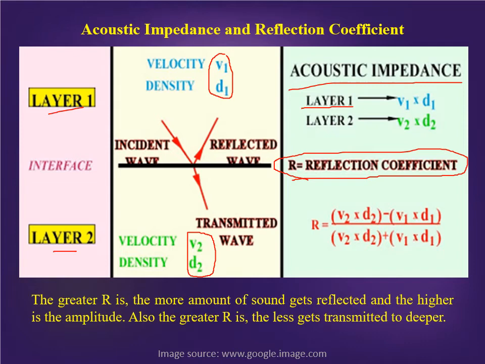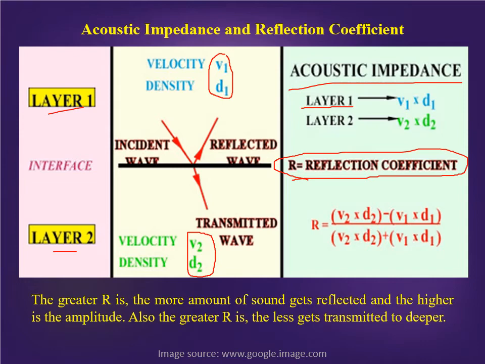The greater the reflection, the more energy is reflected, so a higher resolution of the subsurface is captured in the geophones. So we get a better picture, a better resolution, of the subsurface layers.